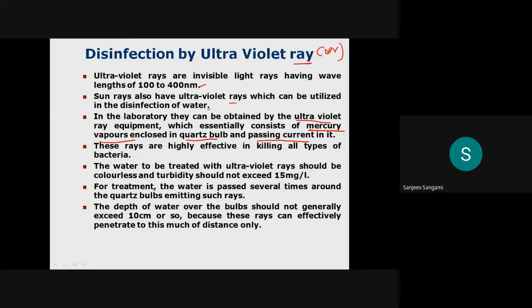But in the laboratory, if you are producing it, the quartz bulb will be there, and inside, the mercury vapors will be there. When you pass the current in it, this quartz bulb is going to emit this ultraviolet light.